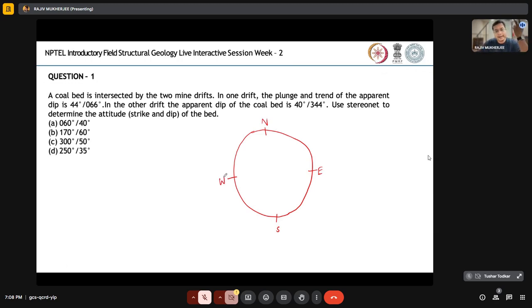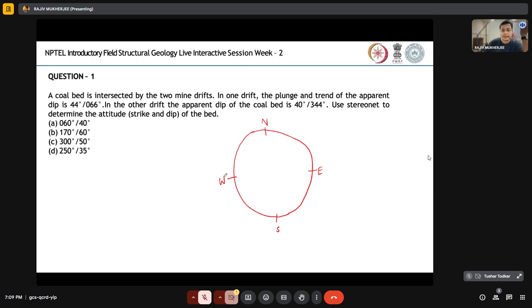Now, first of all, we need to mark the apparent dip. Apparent dip is similar to plunge and trend. For a line, plunge and trend is similar to the apparent dip of a plane, where two planes intersect, right? So the first one says that the dip is 44 degrees and it is towards 066.